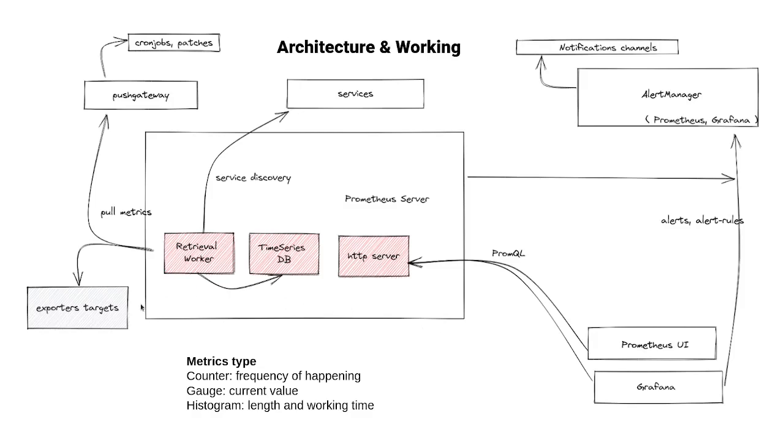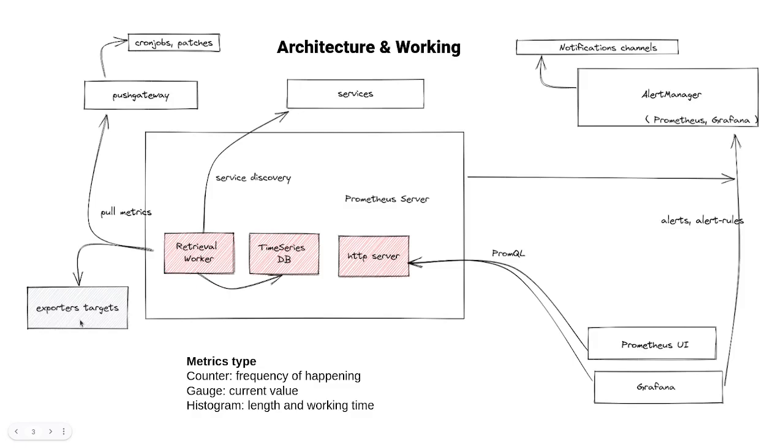Here we can see there are exporters and targets, which define the metrics. So what is a target, what are metrics, what is an exporter? Targets are actually the endpoints of the services which we are monitoring.